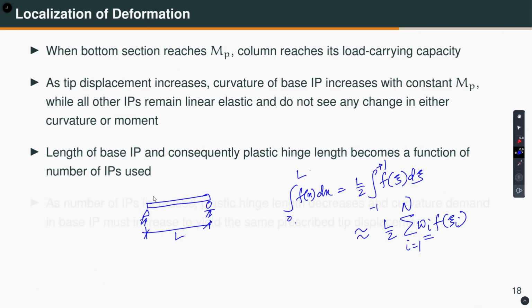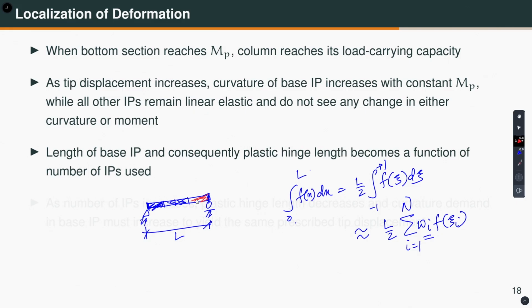So, if I have 3-point Gauss-Lobatto, these are my integration points, and the weights are such that if you add them, you get the full cantilever.